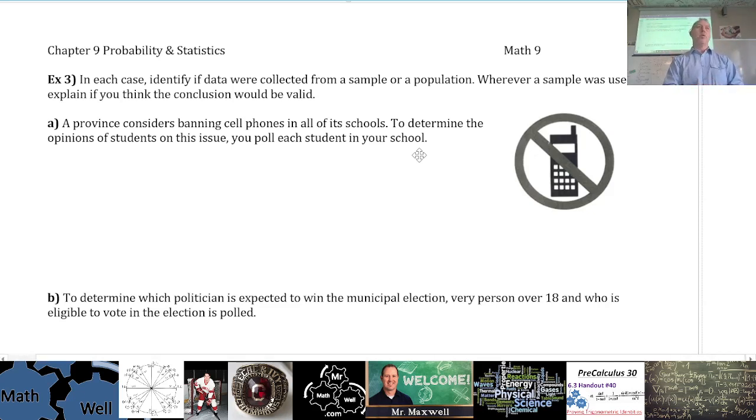Is that a sample or a population, first of all? Right, it would be a sample, right? All the kids in your school is not all the kids in the whole province. So yeah, definitely, that's a sample. Perfect. Not everyone was asked. Okay, so it's a sample. And do you think the conclusion here would be valid? Do you think it would be valid?